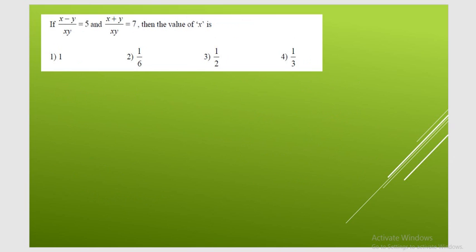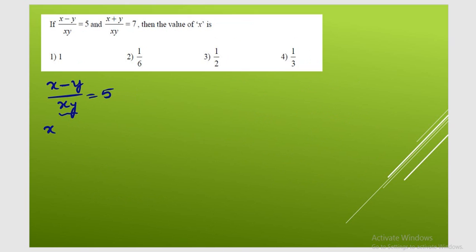So this is related to pair of linear equations in two variables, right? Now if you observe this first equation, x minus y by xy is equal to 5 is given, right? So whenever you are having xy in the denominator, this xy belongs to both the terms of the numerator.